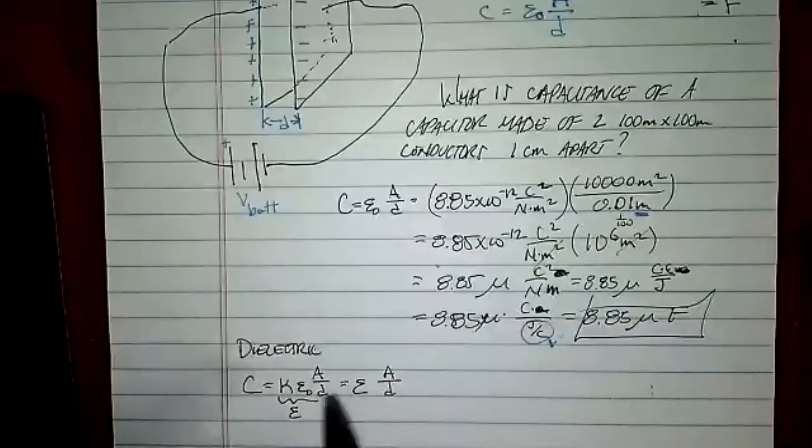Well, when you add a dielectric, you actually get a higher electric field breakdown strength. For vacuum, it was 3 times 10 to the 6th. For paraffin wax, it's 10 times 10 to the 6th.